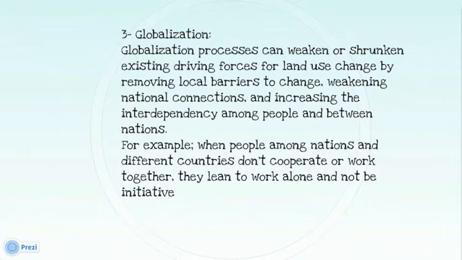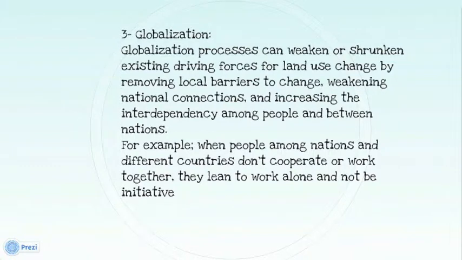Globalization as such is not itself a driver of land use change but acts as a basic process for other driving forces. For example, when people among nations and different countries don't cooperate or work together, they tend to work alone and not be initiative.